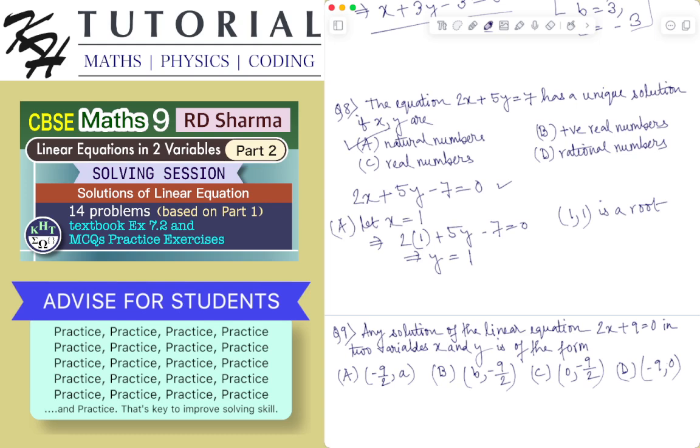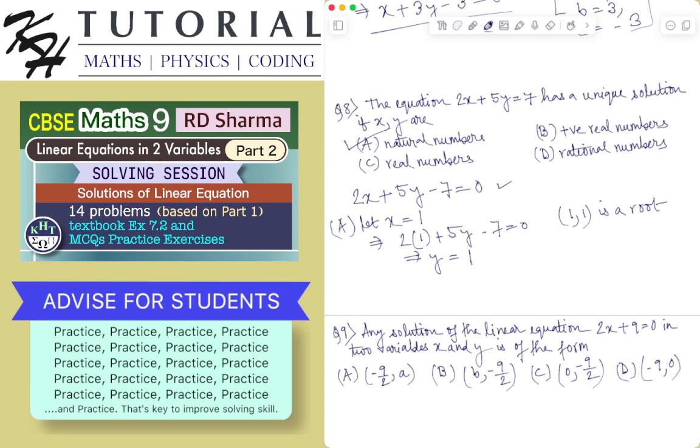If I take any particular value of x as a rational number, I will get a value of y, which will also be a rational number. And since there are infinitely many rational numbers, there are infinite possibilities to choose the value of x, from where I will get the corresponding value of y, which will also be a rational number.